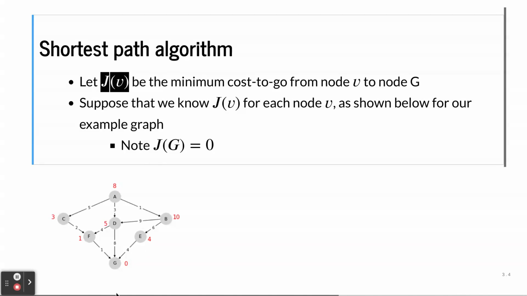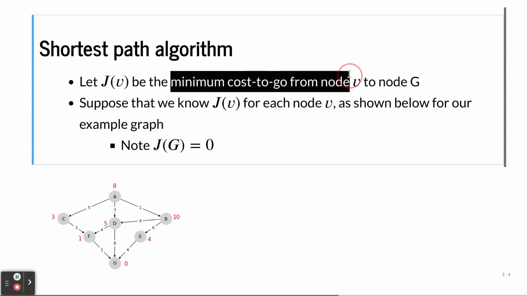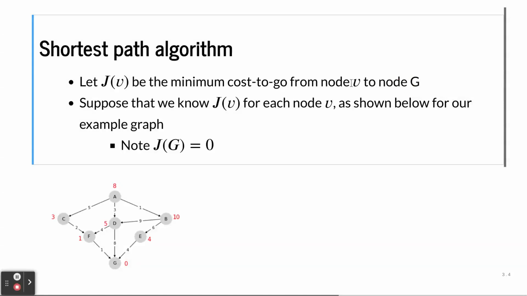Note here that J of node g is by definition 0, because J represents the minimum cost to go from any node v until you get to node g. So if we consider v equal to g, the minimum cost to get to g when we start there is just to stay there and have 0 cost.